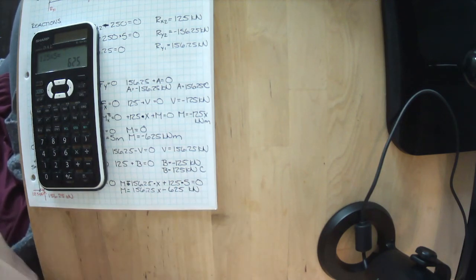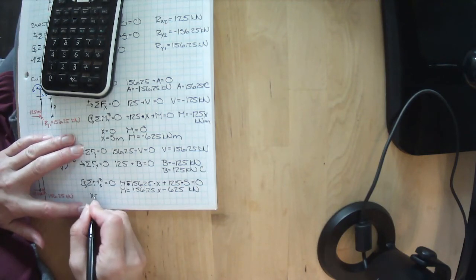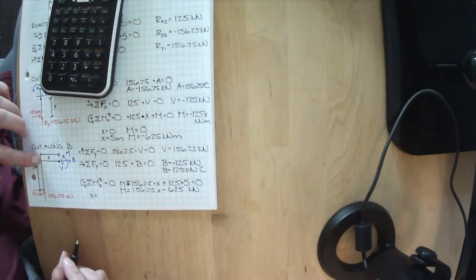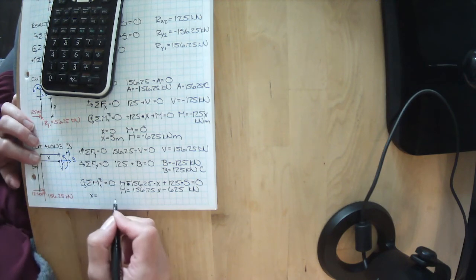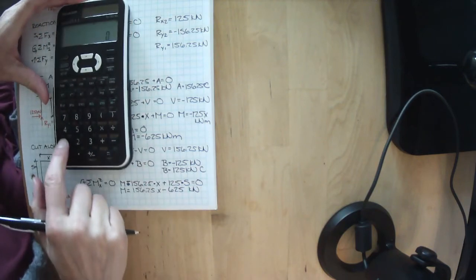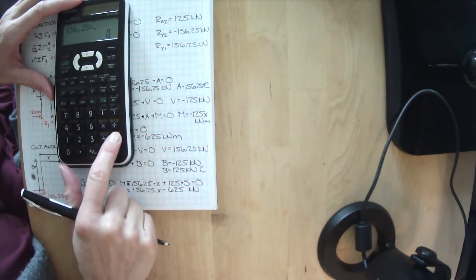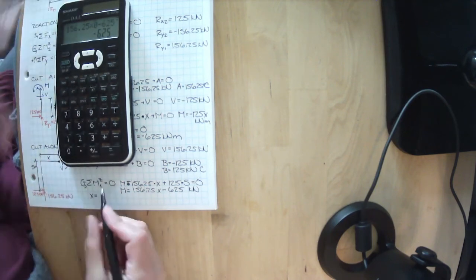So let's plug two of these in. Let's see at x equals 0. So back at this end of the beam. At x equals 0, we can plug that in, and we get 156.25 times 0 minus 625.